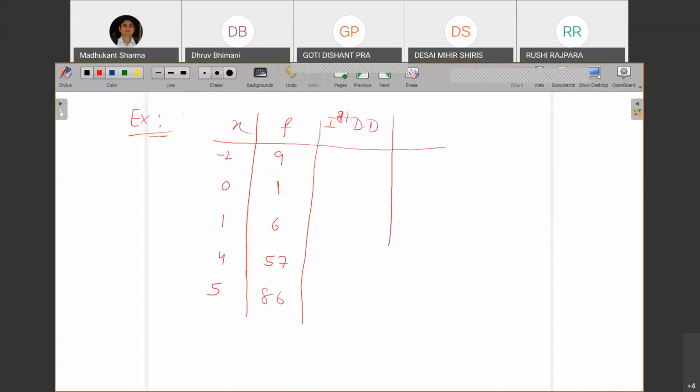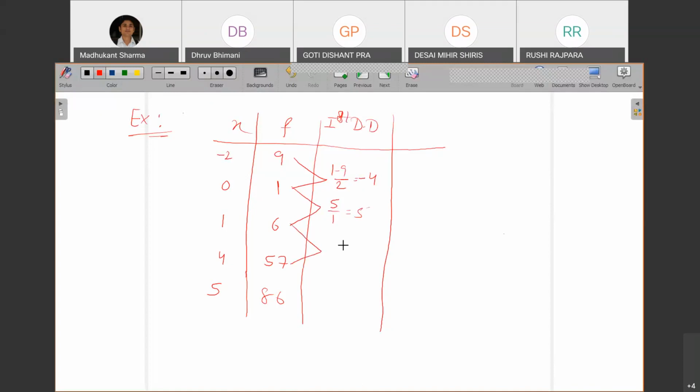I'm going to derive the first divided difference. So 1 minus 9 divided by 0 minus minus 2, so that is minus 8 by 2, which is minus 4. Then 6 minus 1 by 1 minus 0, that is 5.